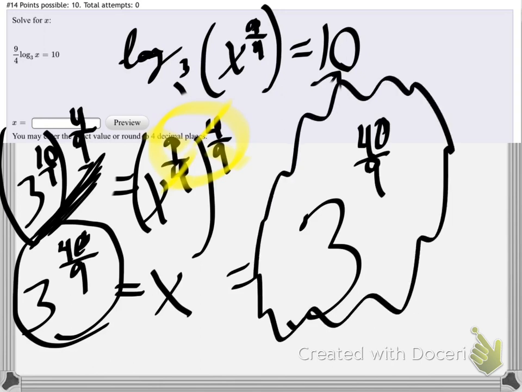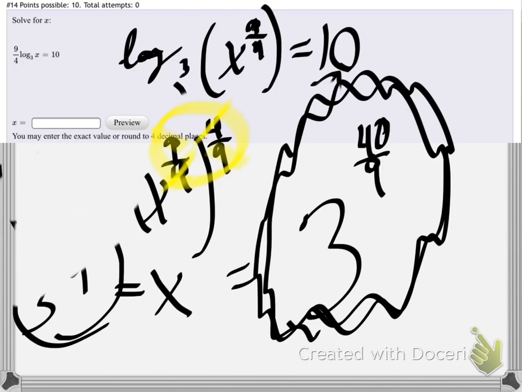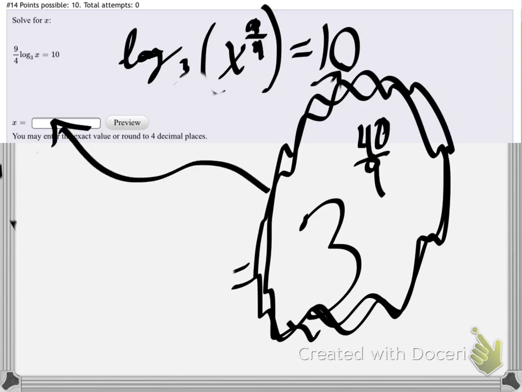It'd take you all day. Anyway, that's calculator work. You can either enter it just like that into the answer box here, and just put 3 to the 40/9 power right in there, or else you can round it off to 4 decimal places with a calculator. That's all she wrote.